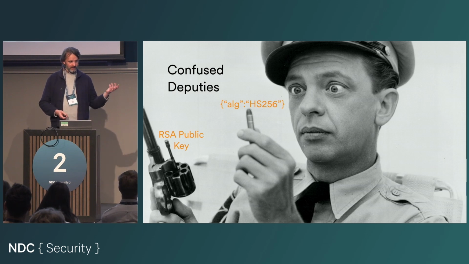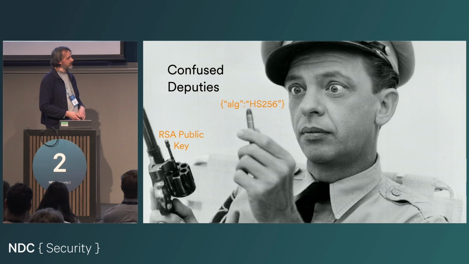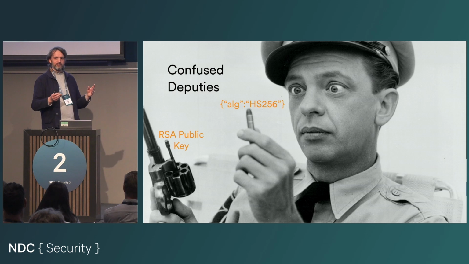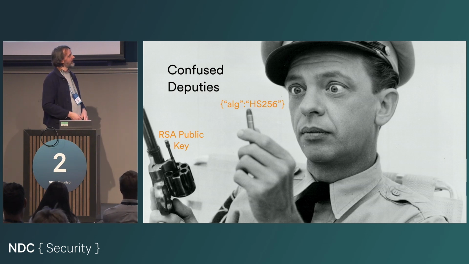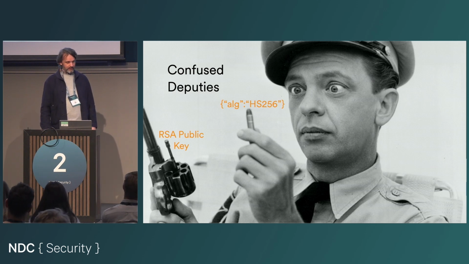But again, an attacker could change the algorithm to a symmetric signing algorithm, in this case HMAC, and then use the bytes of the public key to sign the JWT. So they can make changes and then take the public key, use the bytes as if it was a shared secret, and sign stuff. And again, loads of libraries just went, sure, fine, that works, because they weren't checking what algorithm was supposed to be used with that key.